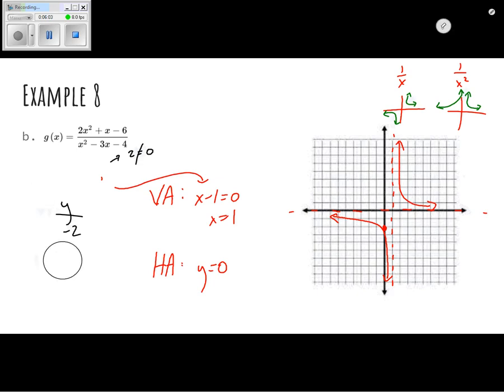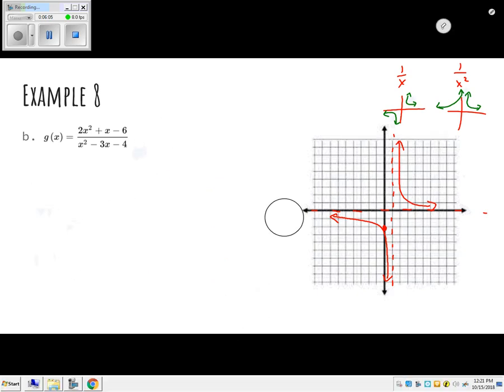And let's step it way up to this one. My first step is going to be to factor both the top and the bottom. 3 and 2, so plus 3.